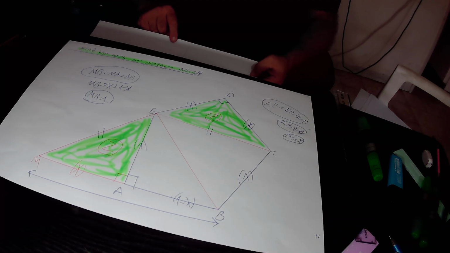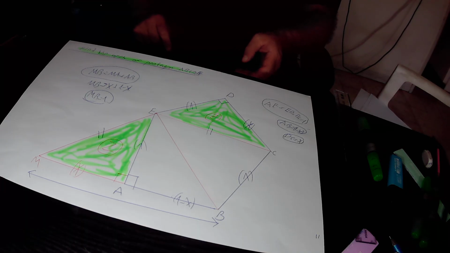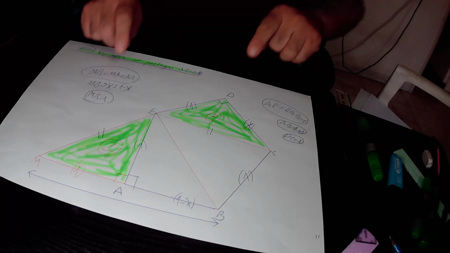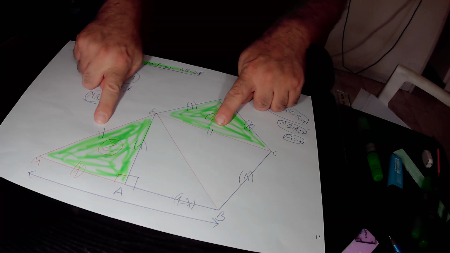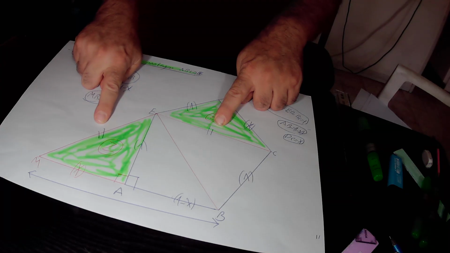The second thing that we derived is that those two sides are equal to each other. Why are those two sides equal? According to the rule that corresponding sides in congruent triangles are equal to each other.